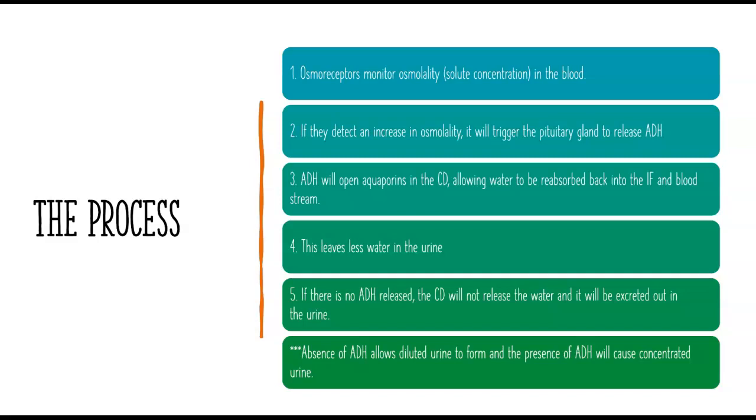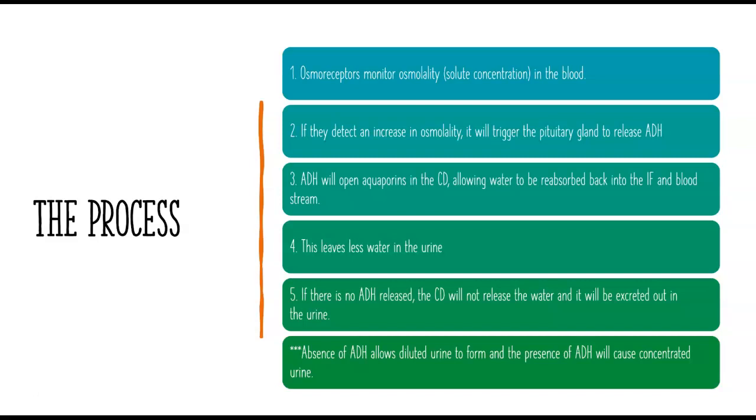ADH will travel through the blood and open aquaporins in the collecting duct that will allow water to be reabsorbed back into the interstitial fluid and the bloodstream. This leaves less water in the urine because we pulled it out, and so we will be urinating out a very concentrated amount of urine.